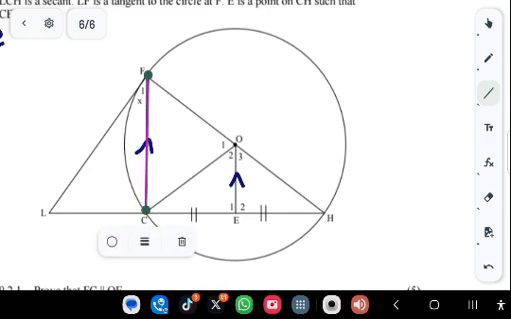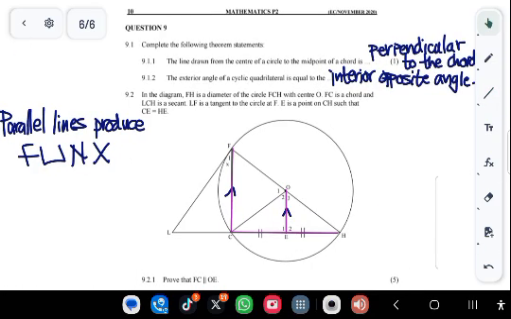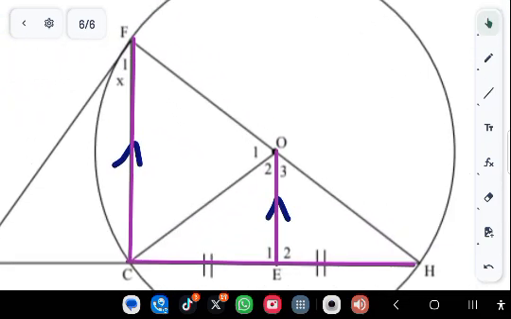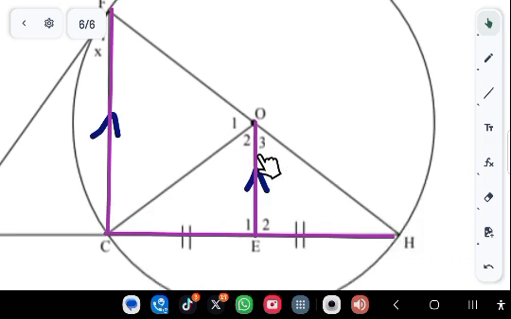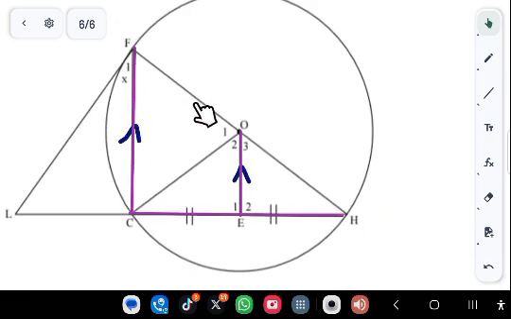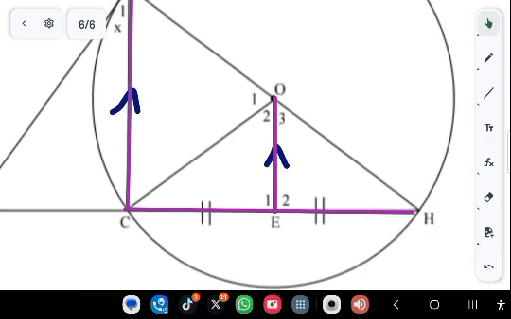I see the shape of an F. Here is the shape of an F. There are the parallel lines. They form the shape of an F. So in order to prove that these two lines are parallel, basically what we need to prove is that angle O3 is equal to this angle CFH, that these two angles are equal.